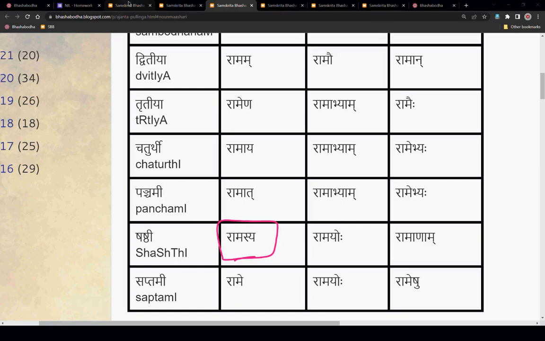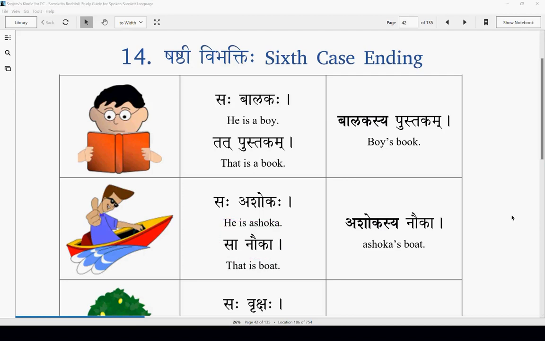Next example, Vijayanti: Saha Ashokaha, sa nauka, Ashokasya nauka. This is Ashoka and this is Sa nauka. Note that nauka is Strilinga, so we are using Sa. The nauka belongs to Ashoka, so we bring Ashokasya, the Shashti Bhakti of that namapada.